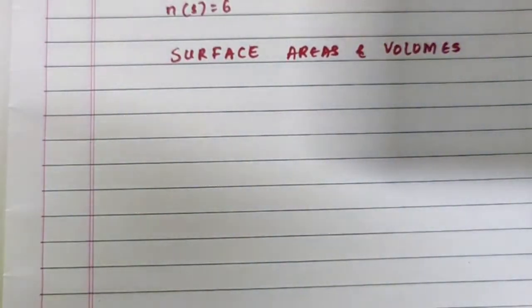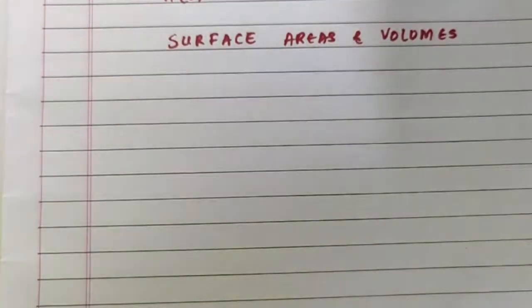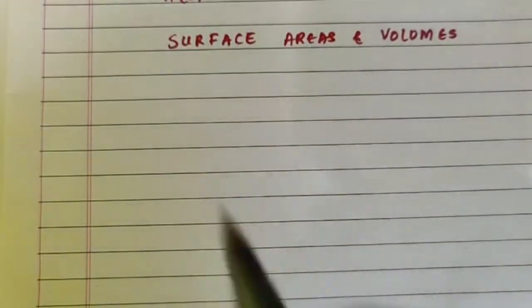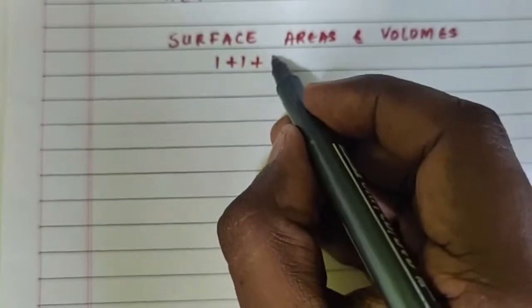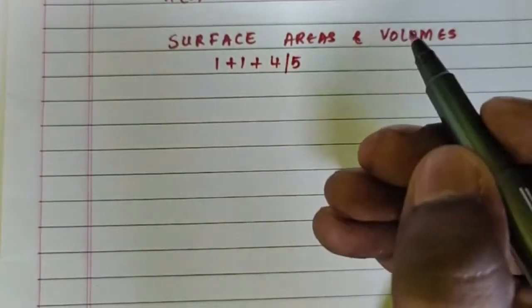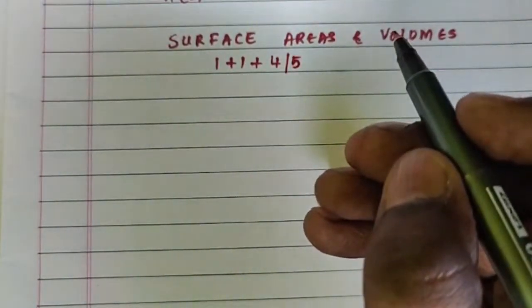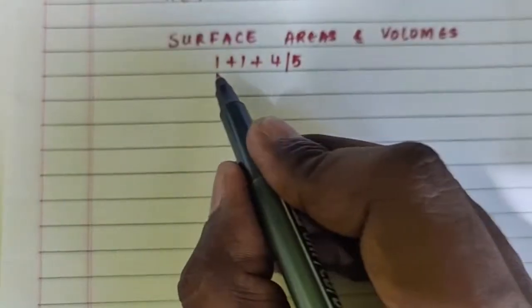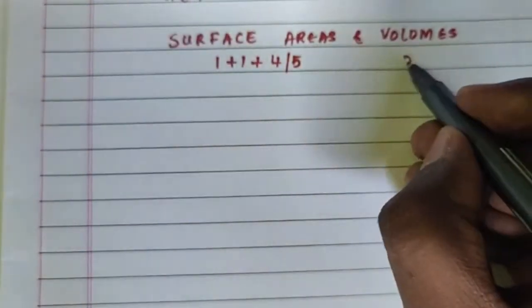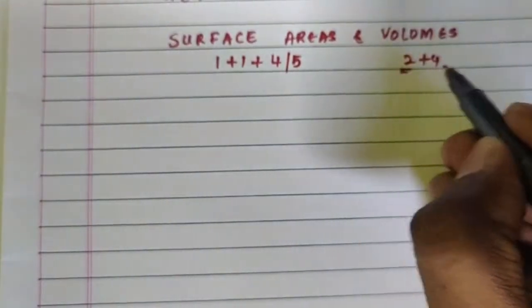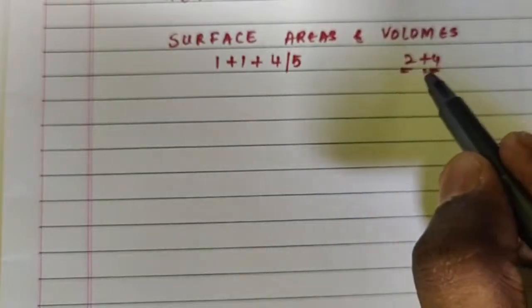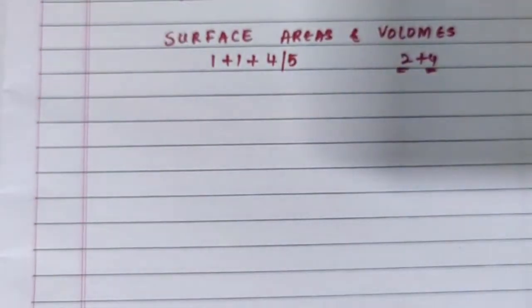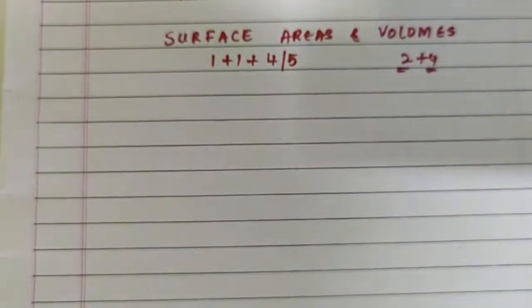From the unit surface areas and volumes, how many marks can you expect? 1 plus 1 plus 4 or 5, or otherwise 2 plus 4: a 2 mark question and a 4 mark question. It is around 6 to 7 marks, and it is also based on combination of solids.